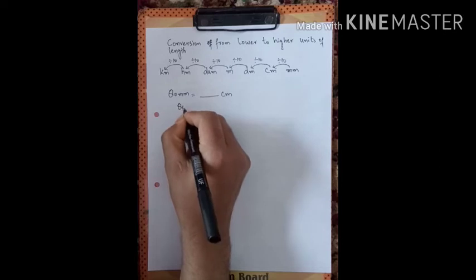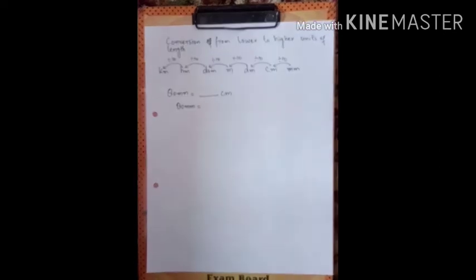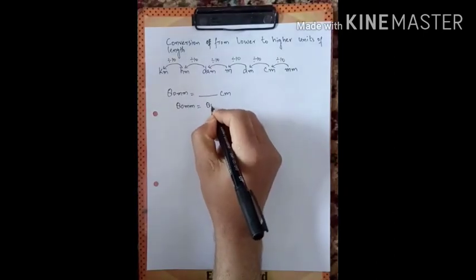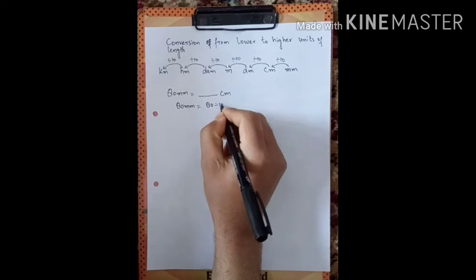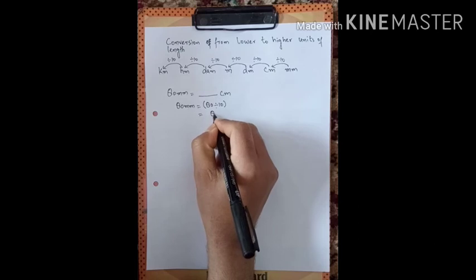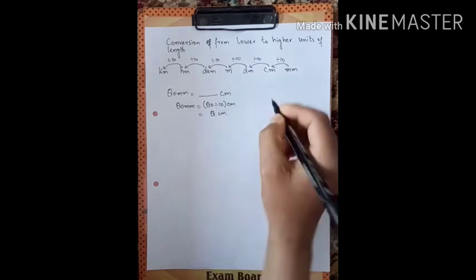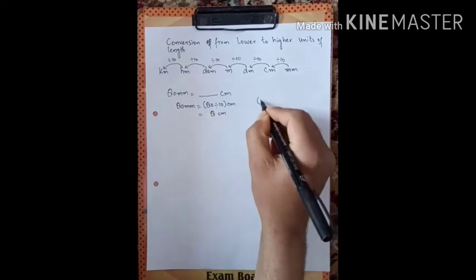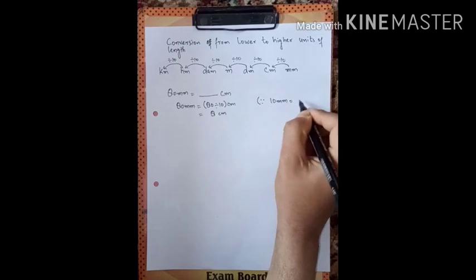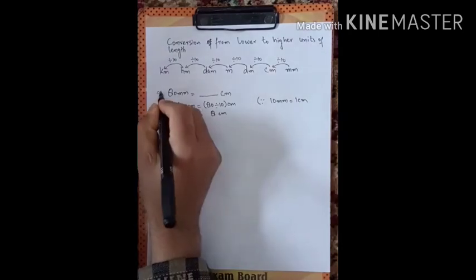That is 80 millimeter is equal to 80 divided by 10, which is equal to 8 centimeter. Why 10? Because I know that 10 millimeter is equal to 1 centimeter.